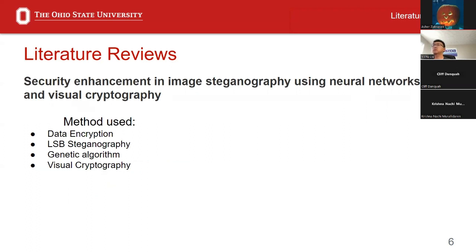The genetic algorithm is used to reshuffle the modified image bits to ensure better security. Then visual cryptography is applied at the end to secure transmission of the image over the internet. The only drawback with this paper is that there is no provision for any face recognition to get more security.